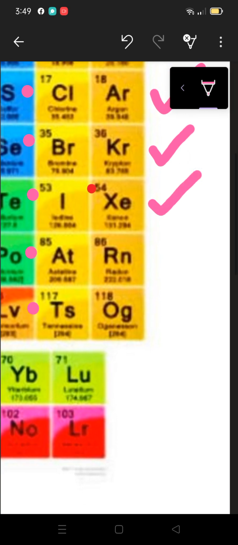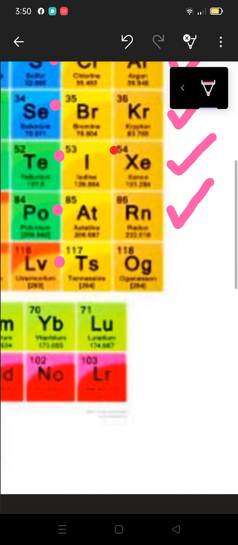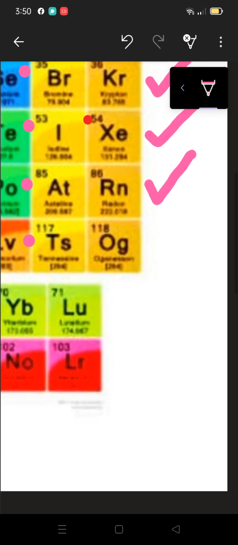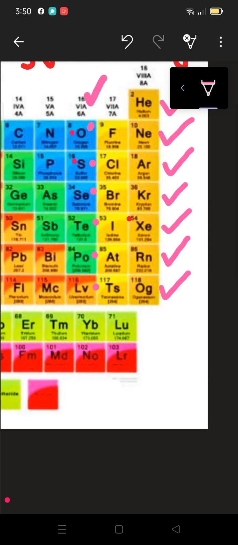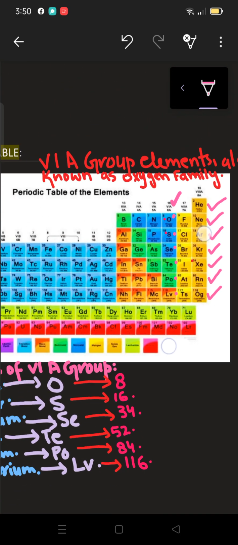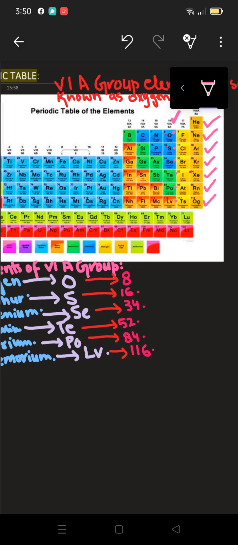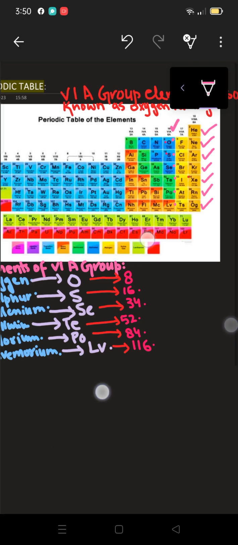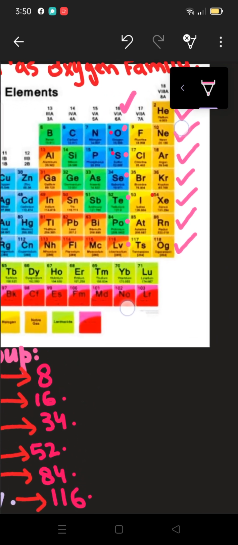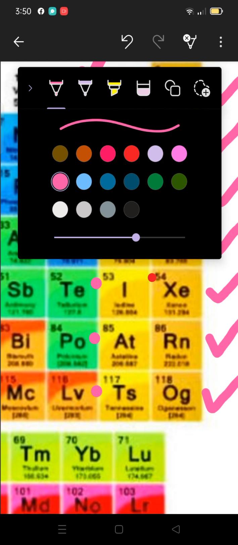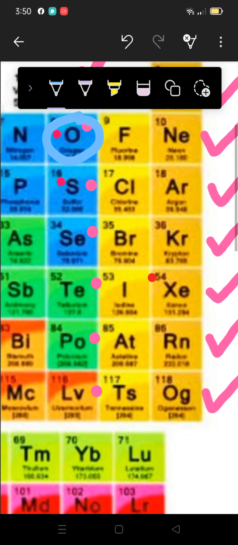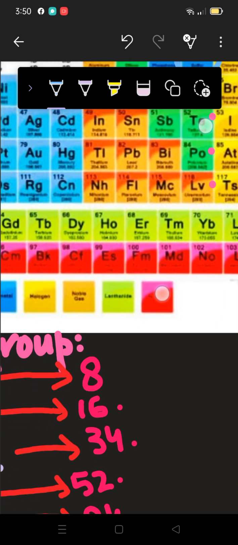Then tellurium has five shells because it is in the fifth period. Then polonium will have six shells because it is in the sixth period, and livmorium will have seven shells because it is in the seventh period. So let me make the structure so that it is clearer how many shells they have. I'll be making the structure of the first two elements, oxygen and sulfur.